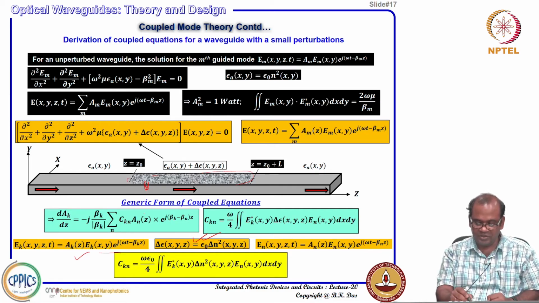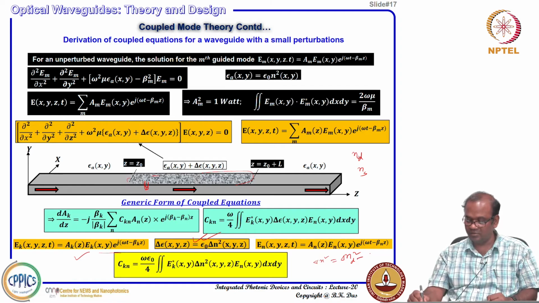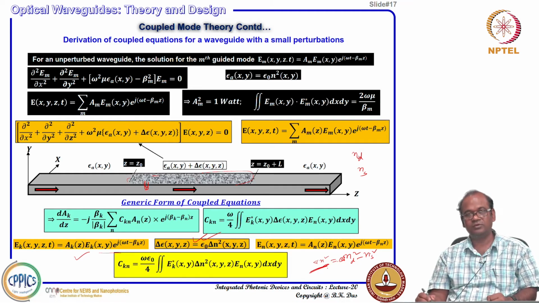What is the perturbation in that region? It is epsilon 0 delta n square, because the silicon device layer refractive index was Nd, and the silicon dioxide substrate is Ns. Delta n square for that particular region will be equal to Nd square minus Ns square.